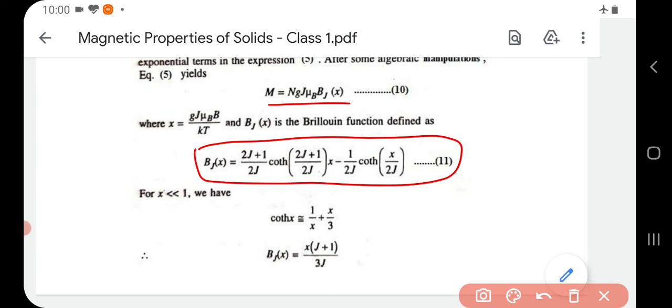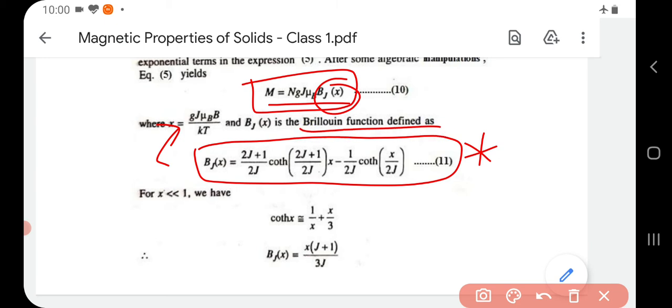Okay, B_J(x) is equal to (2j plus 1) by 2j coth((2j plus 1) by 2j x) minus 1 by 2j coth(x by 2j). That x is g j mu B B by kT. So all these expressions you will have to learn because there is no other proof and all. Just mention that, that is enough. Okay, so this is your expression for M. Here B_J(x) is a Brillouin function. It is given by this, where x is this.